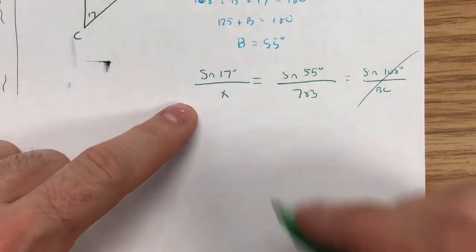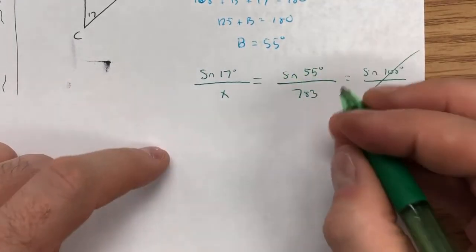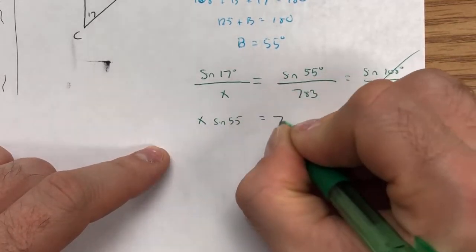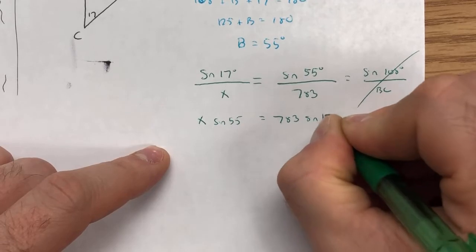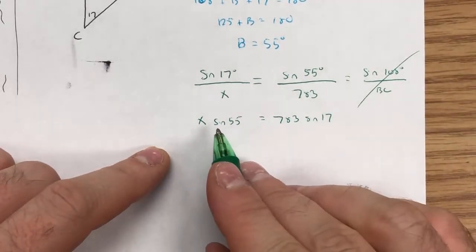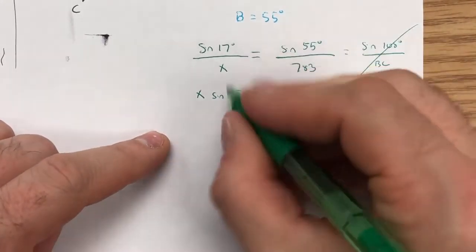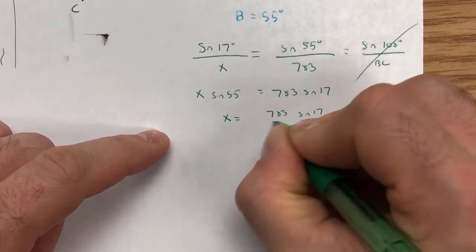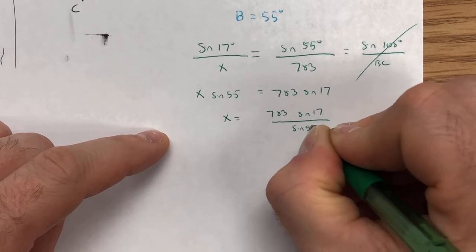So with this, all I'm going to do is cross multiply. So I have x sine 55 equals 783 sine 17. To isolate the x, I'm going to divide both sides by the sine of 55. So x equals 783 sine 17 over sine 55.